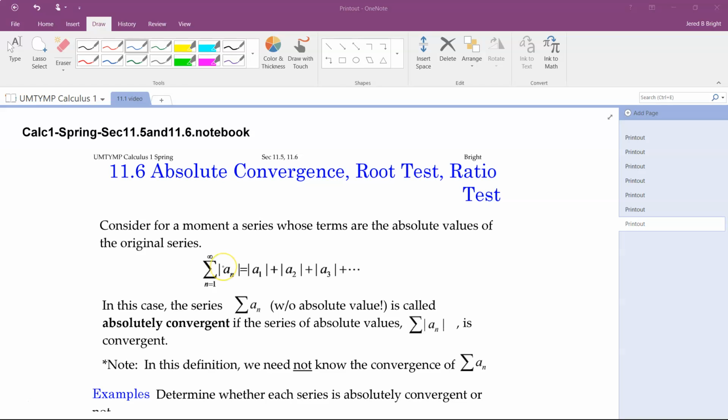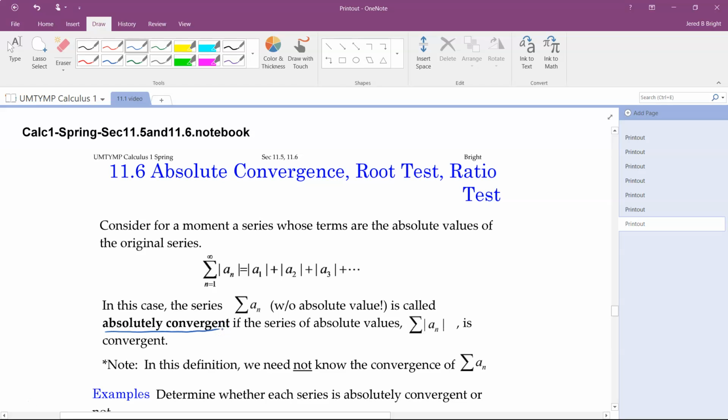So when we look at the series of the absolute values of the sequence terms, if that ends up converging, then we say that the series is absolutely convergent.